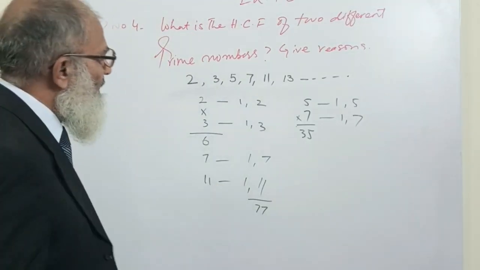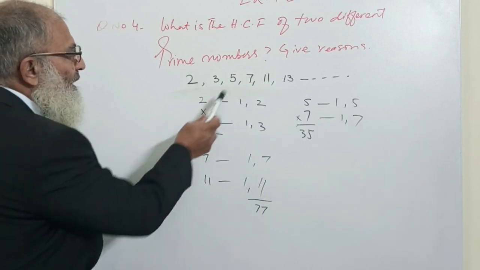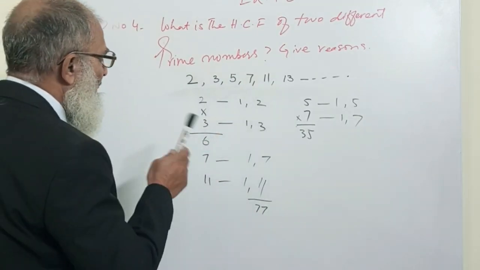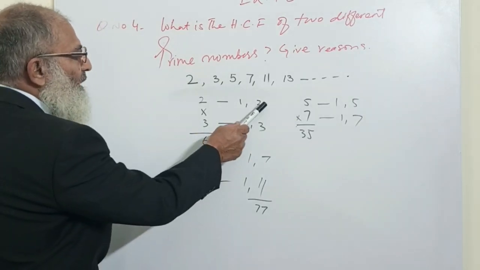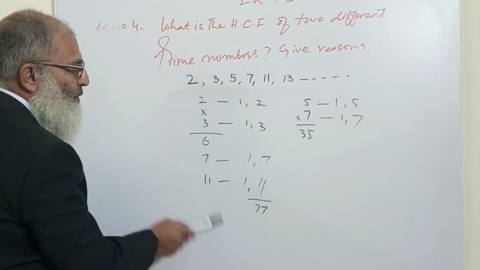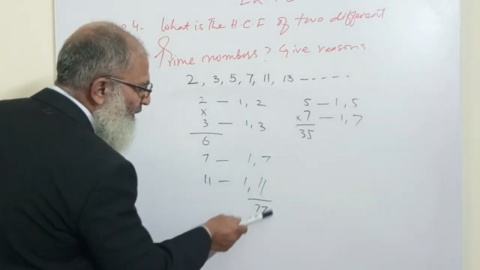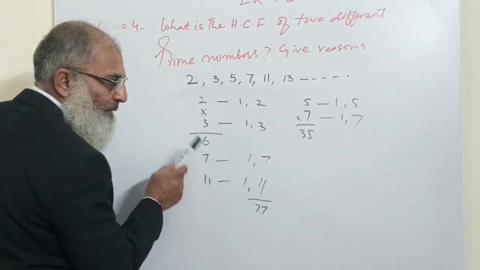So this is our reason that we don't have any common factor between the prime numbers. If we have to find the HCF, we just multiply to get the highest common factor, because the highest common factor is divisible by each of the prime numbers.